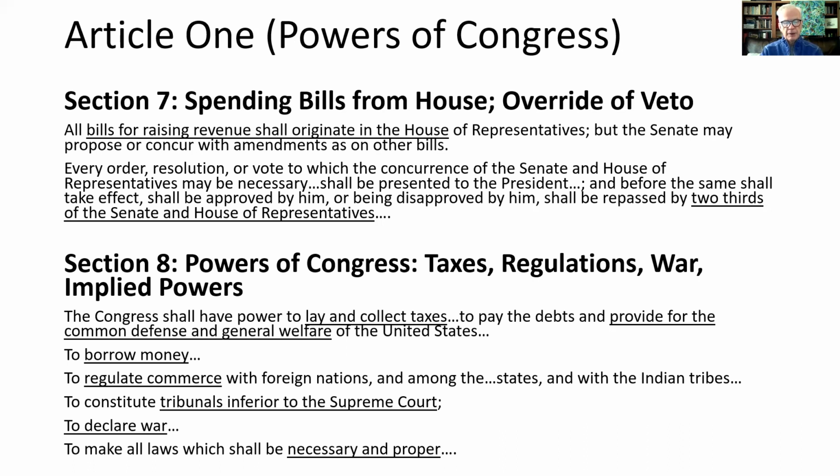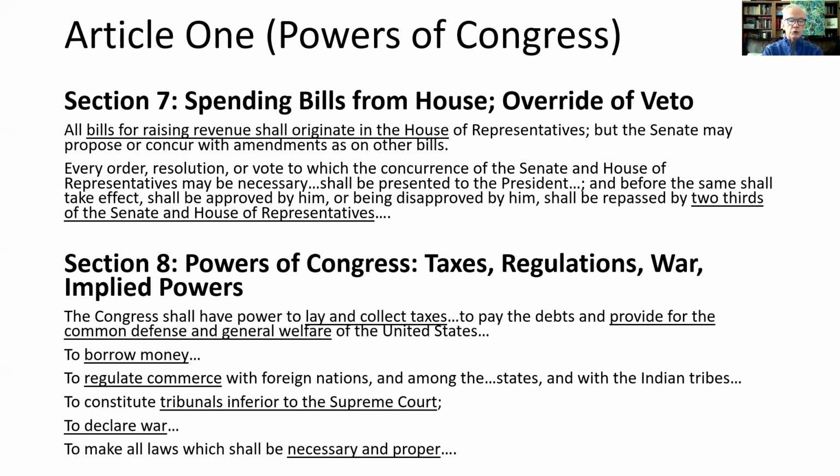The other kinds of powers here are what are called the enumerated powers of Congress in Section 8. And that is a place that spells out certain powers that are specific to Congress and specific to the federal government. That is, Congress shall have the power to lay and collect taxes, provide for the common defense and general welfare of the United States, borrow money, regulate commerce with foreign nations and among the states and with the Indian tribes, and constitute tribunals, that is, courts below the level of the Supreme Court, federal district courts, federal courts of appeals.